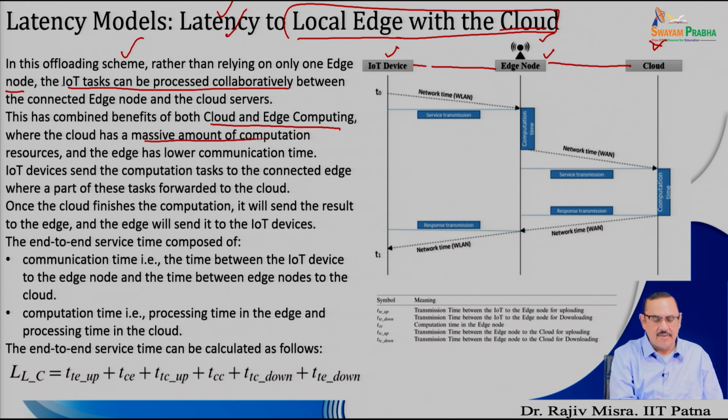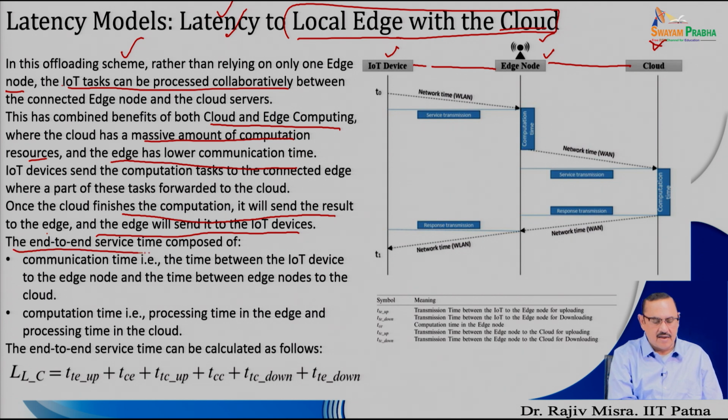Here the cloud has a massive amount of computation resources, but it has a lot of latency, whereas the edge has lower communication time, and thereby it will reduce the latency. So, this combination of edge and cloud is going to be useful in realizing latency sensitive applications. Once the cloud finishes the computation, it will send the result back to the edge, and the edge will send it to the IoT device.